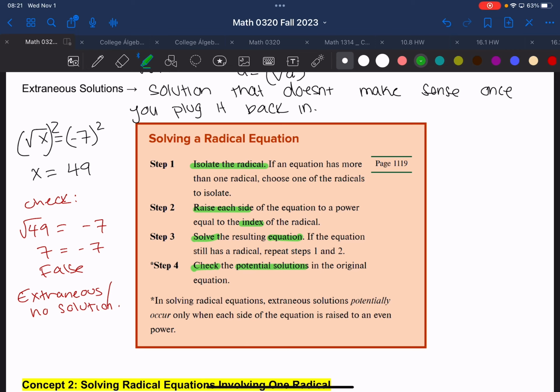And then right here in this little note, it says that extraneous solutions can possibly occur when each side is raised to an even power. So 2, 4, 6, 8, etc. Those are the times when it could potentially occur. So these are our steps. Any questions before we look at some examples?